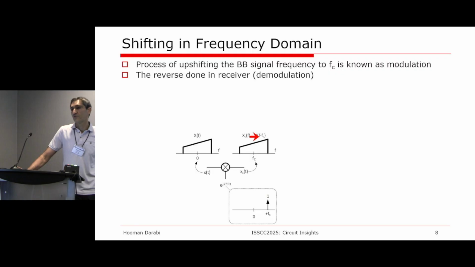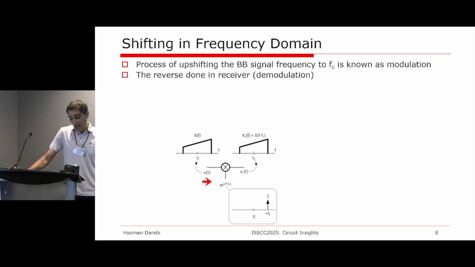And from basics of Fourier transform that you know, in time domain, you have to multiply x(t) by e^(j2πfct) to shift it in frequency by fc, or alternatively, you can see that this is convolved in frequency domain with a spike or impulse at fc, and upshifts the frequency. So this introduces a new block into our system known as a mixer, which does the multiplication.